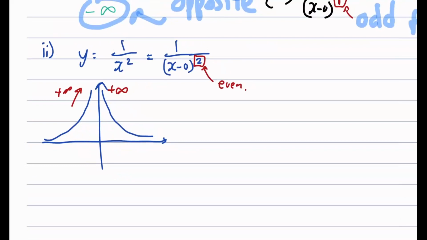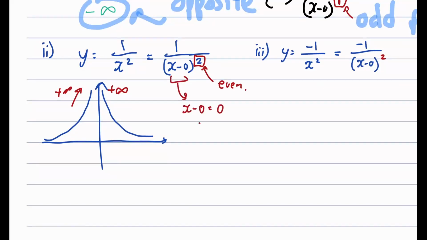What happens if I now consider part 3, y equals negative 1 over x squared? It's negative 1 over (x minus 0) to the power 2. So why did I put x minus 0? It's because I want to follow the pattern. Equate the denominator to 0, then solve. I get x equals 0. That's why I have the vertical asymptote x equals 0.